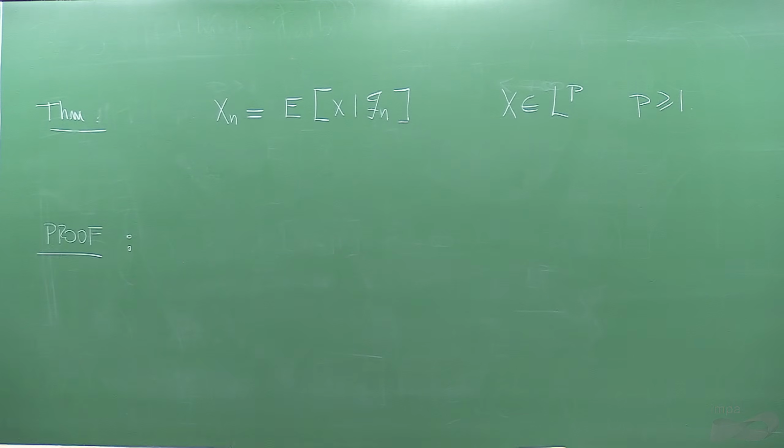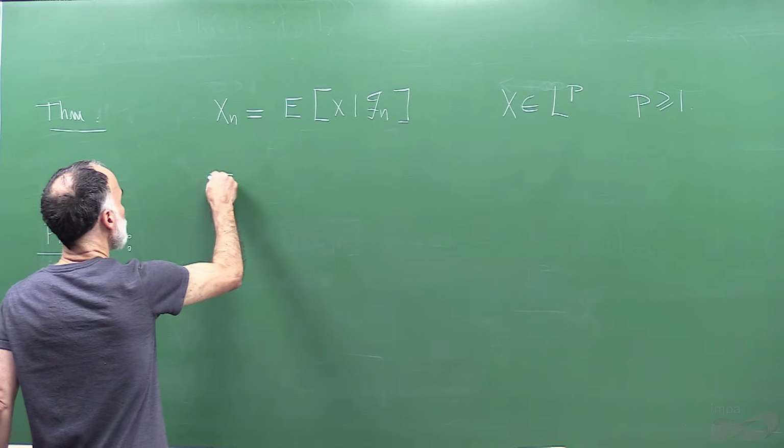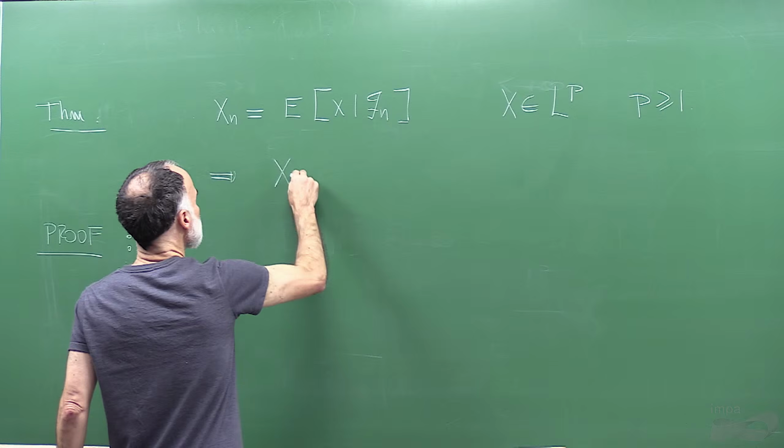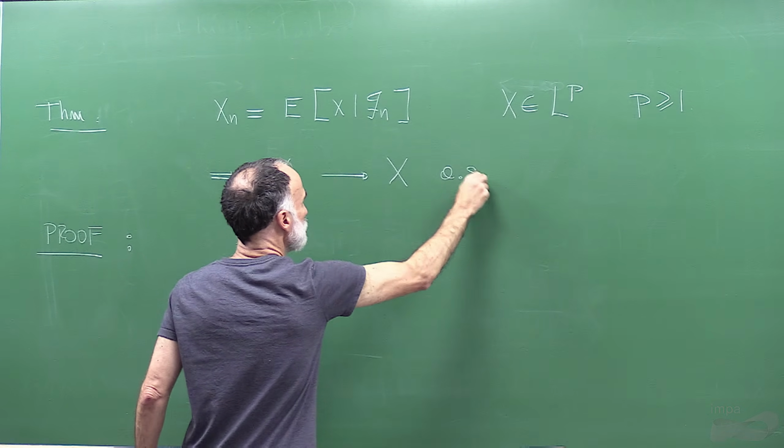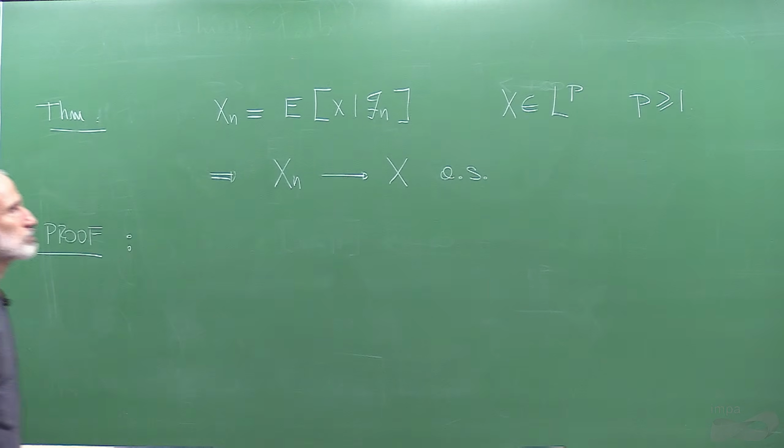We have seen that you have convergence in LP, and now what I claim is that you have convergence almost surely. So for these martingales, you have LP convergence and almost sure convergence.